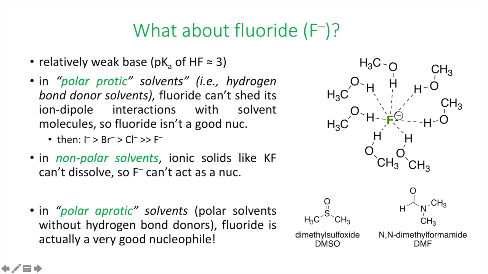Okay, so there are some solvents that are polar, but do not have these strong hydrogen bond interactions. We call those polar aprotic, and some examples are DMSO, dimethyl sulfoxide, and DMF, dimethyl formamide. Essentially, if I drop KF in here, my potassium can form strong interactions with oxygen. But steric hindrance prevents my fluoride from getting that close to sulfur. So it's a cool thing where I'm solvating the cations.